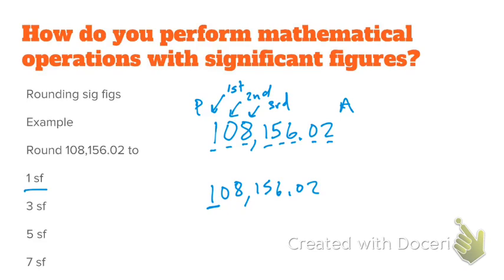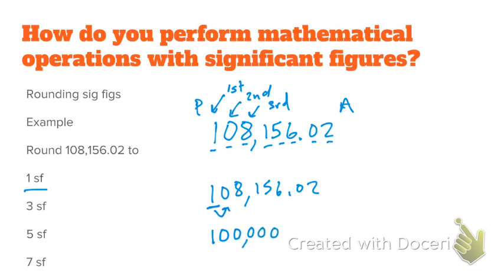We always go from left to right. So we'll save the 1. Then we look at the next number. If it's 5 or more, we round up. In this case, it's less than 5, so we'll keep that 1, and then we'll go ahead and make the rest 0.